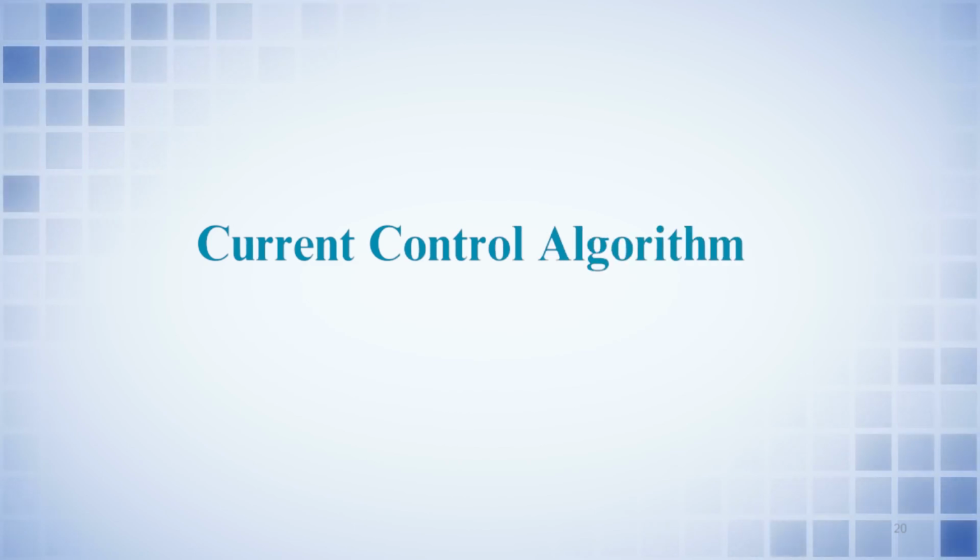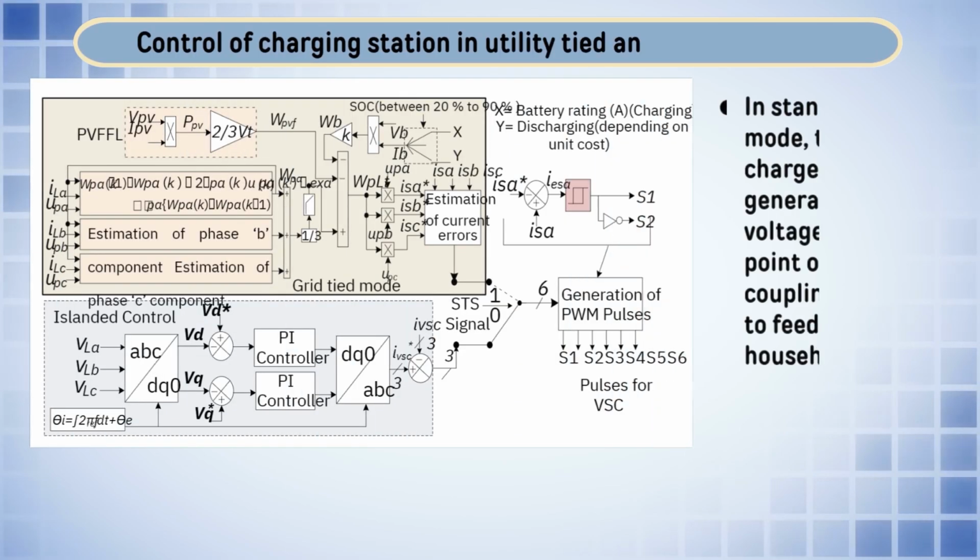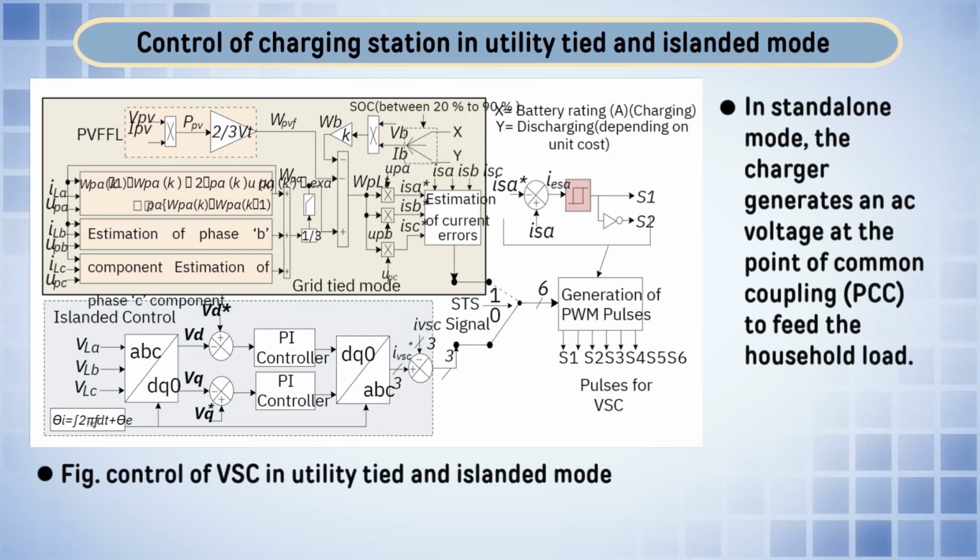Now, we go to the control algorithm for the charging station. One topology we have utilized for this. So, in that topology there are 4 basic controls which are required. First one is EV battery control. One bidirectional converter is utilized for this purpose, and this bidirectional converter is controlled using cascaded PI.